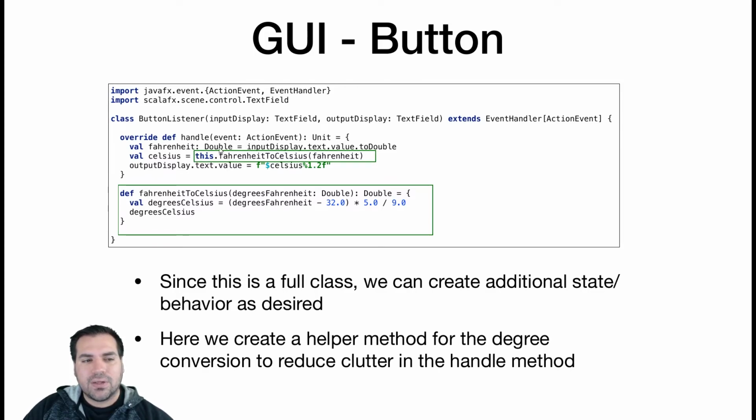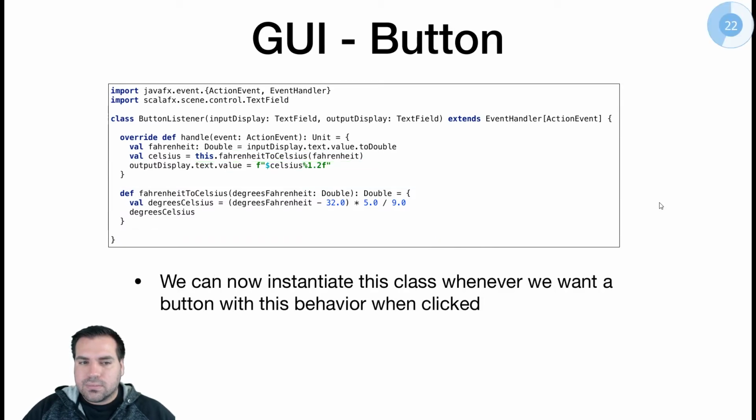I don't want to mix my logic and my math with my handling of GUI elements here. So I defer to this method to do all the calculations, and then I have this handle method just interacting with the GUI elements. And whenever we want a button to act like this, we just instantiate it.